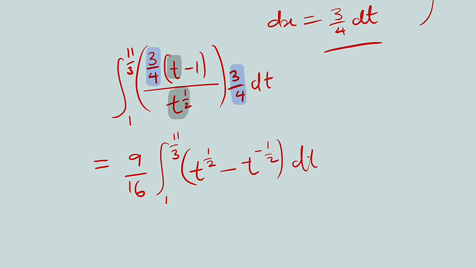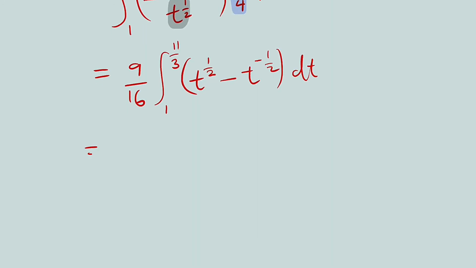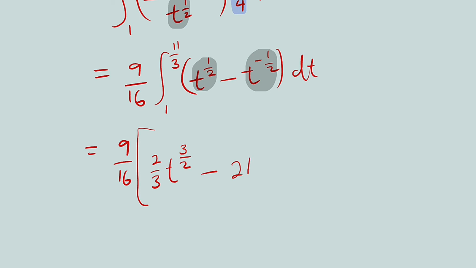The whole of this dt. 9 over 16 multiplied by, if you integrate this, you're going to get 2 over 3 t to the power of 3 over 2 minus, if you integrate this, you're going to obtain 2 multiplied by t to the power of 1 over 2. The boundary from 1 to 11 over 3.